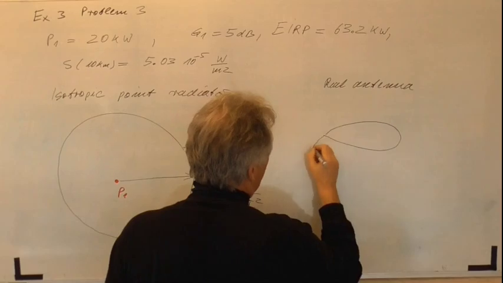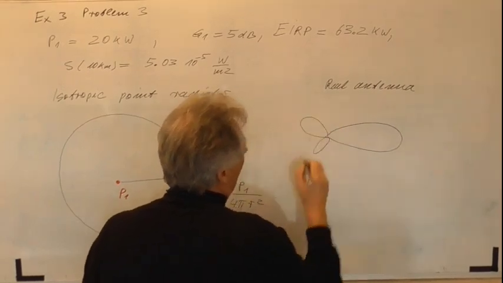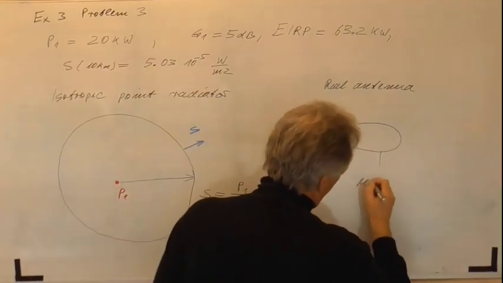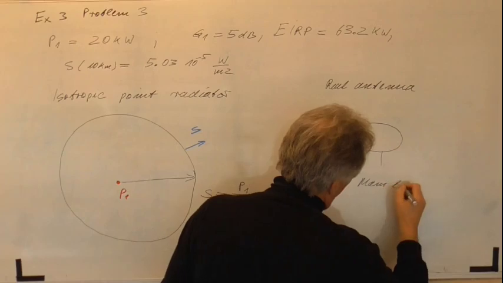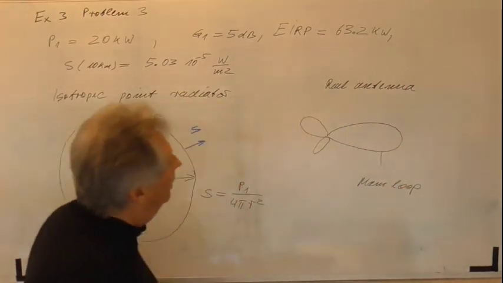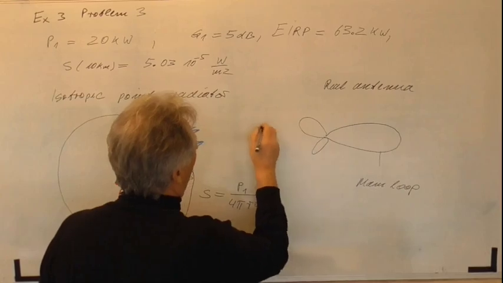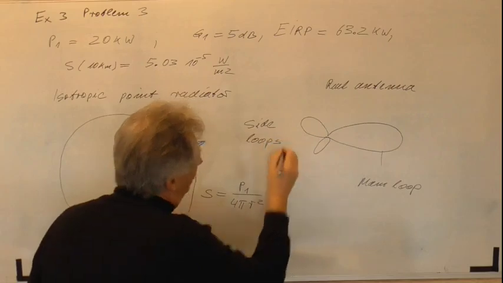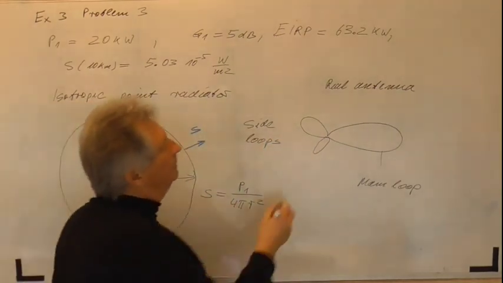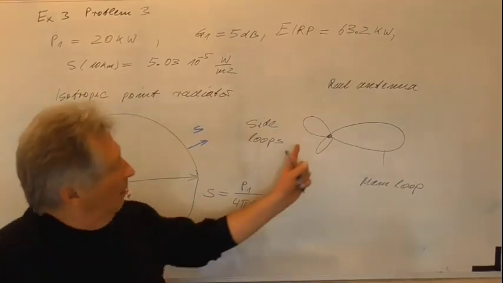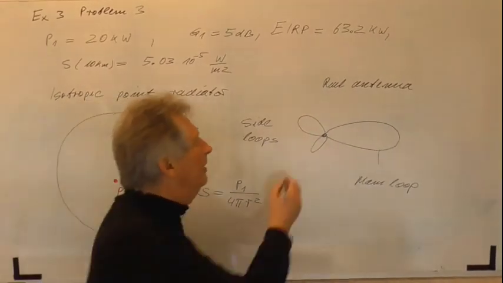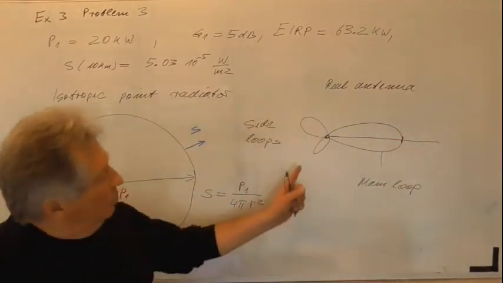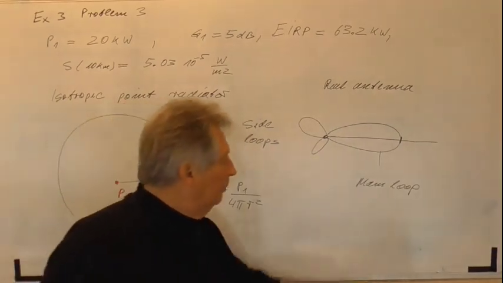So, for example, this is the main loop, or main beam, and of course here we have some side loops normally. If I compare this to the isotropic power radiator, then it seems that more power is radiated into the direction of the main beam.